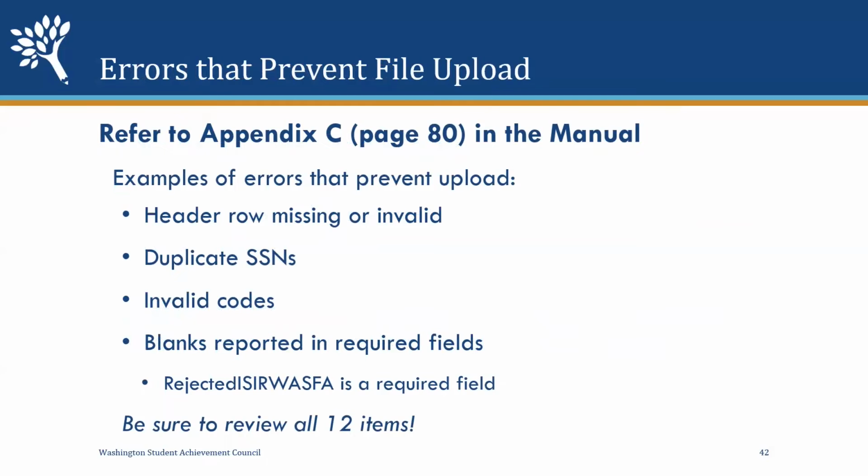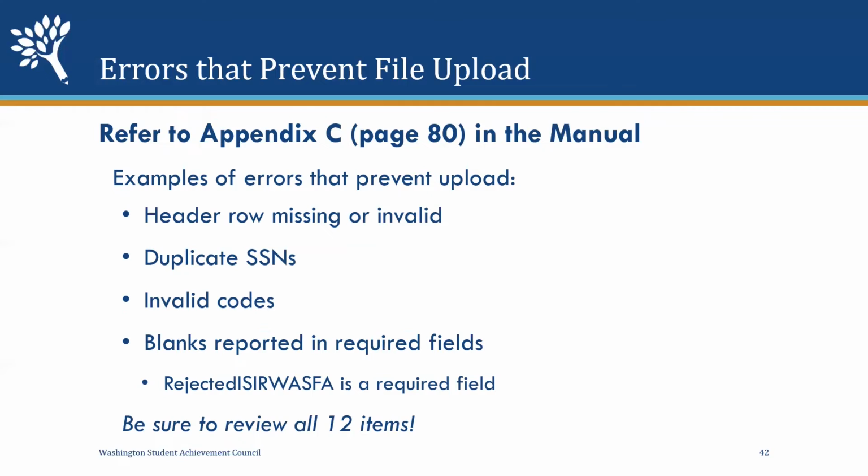There are errors that will prevent the file upload, and they are listed in Appendix C, which is page 80 in the manual. And just some examples of errors that prevent it are, as I talked about earlier, duplicate SSNs, invalid codes, header row missing or invalid. Just review all 12 items.